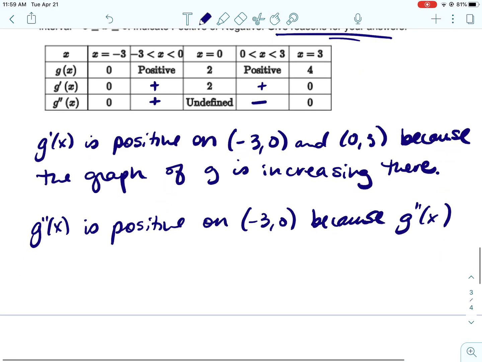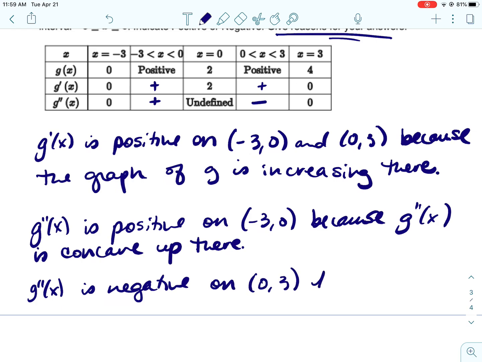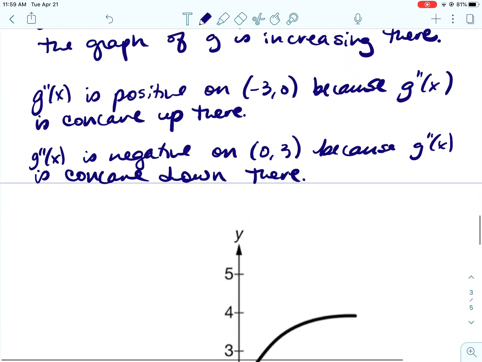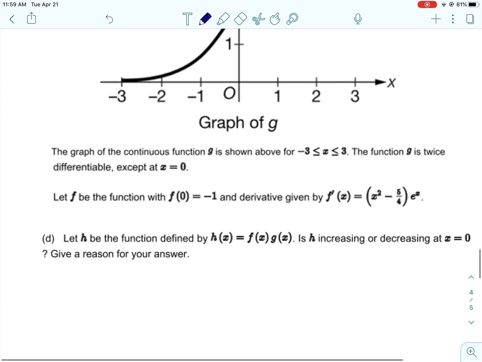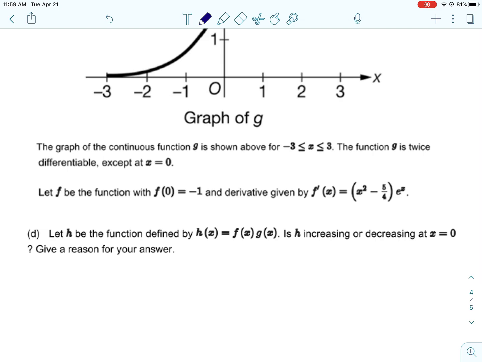Then we would say g double prime is positive on -3 to 0 because g is concave up there. And then finally, g double prime is negative on the interval from 0 to 3 because g is concave down there.